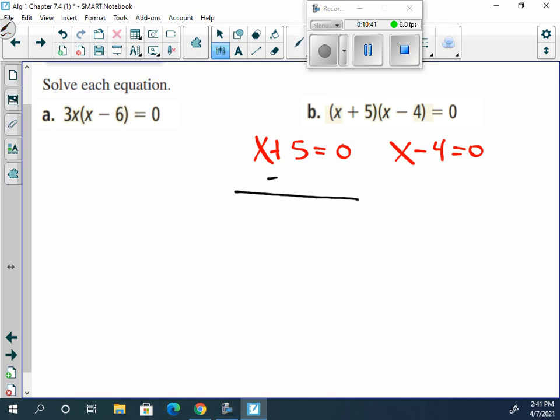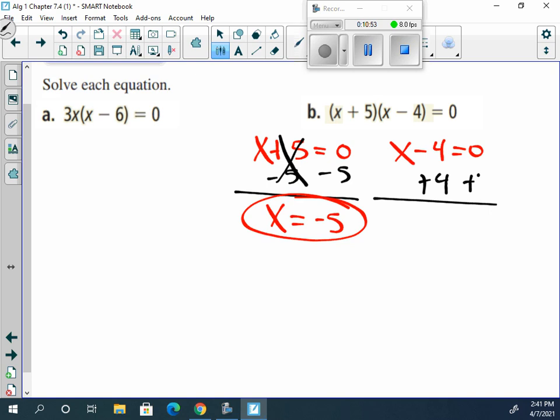Now for the x plus 5, we would subtract 5 from both sides, causing these to cancel, giving us x is equal to negative 5. And here we would add 4 to both sides, so x is equal to 4. Then we get these two here, yes?